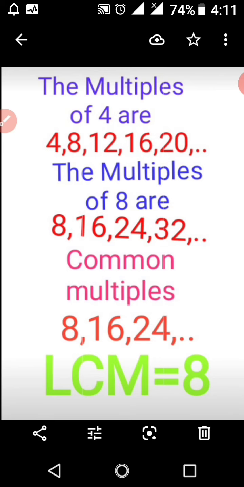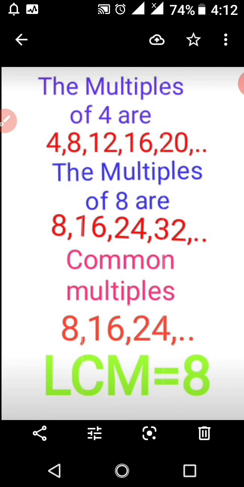If you multiply any number by the natural numbers 1, 2, 3, 4, 5, like tables, we get the multiples of that number. 4 ones are 4, 4 twos are 8, 4 threes are 12, 4 fours are 16, 4 fives are 20, like this. There is no limit to the number of multiples; we have many multiples for every number. We know this concept from the properties of multiples.